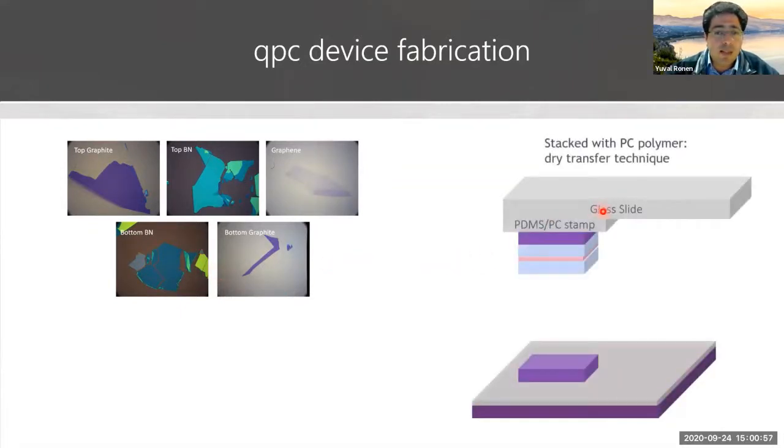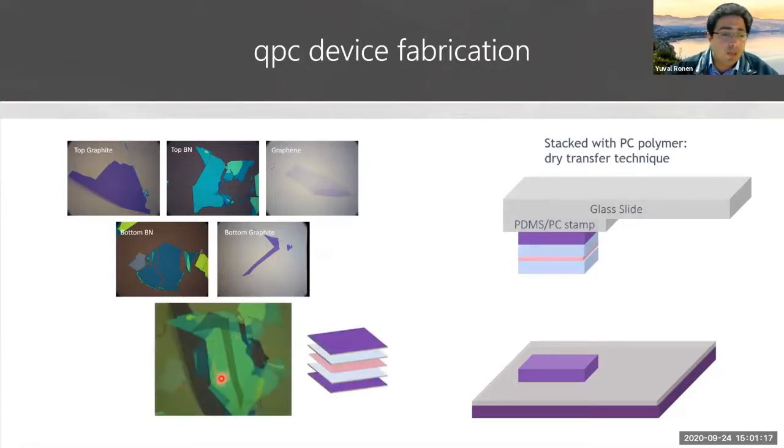You take this glass slide and you take a PDMS PC stamp, which is basically a polymer, and you pick up the upper graphite, and then you pick up the top BN and the graphene and the bottom BN, and then you land it on the bottom graphite. And then in the end, what you get is this stack, this sandwich of different flakes.